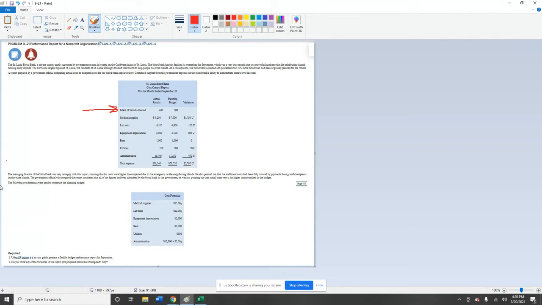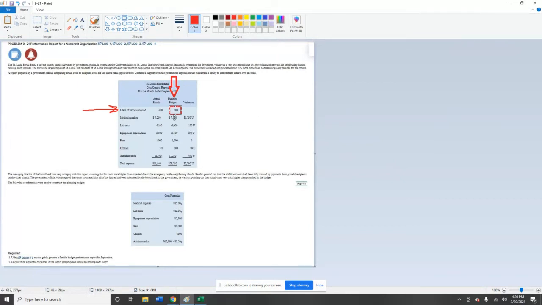Okay, now they have several expenses, right? And they have done a budget, right? So they did a planning budget right here, and when they did their planning budget, they based it on collecting 500 liters of blood.